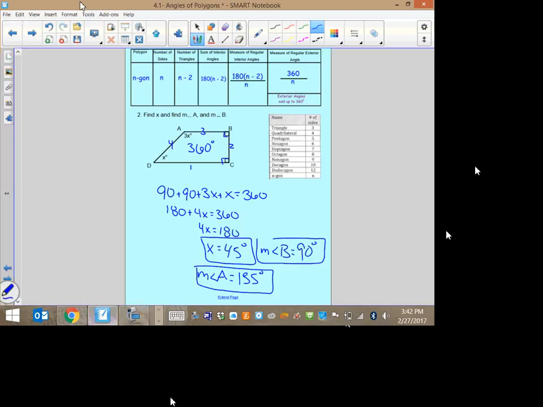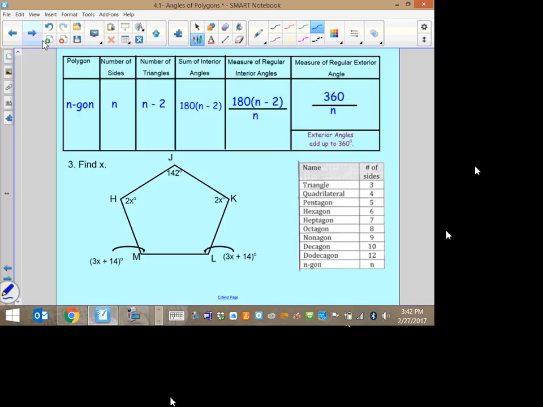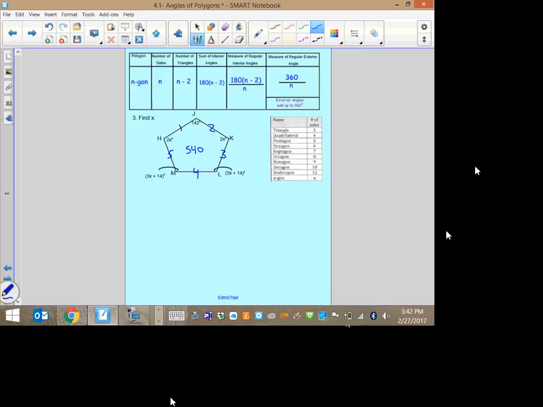Moving on to the next example, number 3. We have 5 sides here, 1, 2, 3, 4, 5. So the sum of those we know has to be 540. So combining all of these together, combining our x's, we will get 2x, 4x, 7x, 10x.